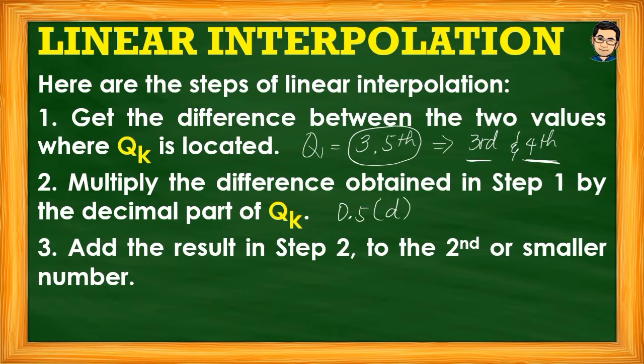Okay, so and then halimbawa dito sa step 2, M, halimbawa M. So nakuha natin M. I-add po natin 'yon doon sa third data. Okay, yung smaller number. So, alin na mas maliit, yung third o yung fourth data? Siyempre, since naka-arrange sila in ascending order, yung third data yung pinaka mas mababa. Okay, so kung ano man yung number ng third data na yon, i-add po natin dun sa nakuha natin sa step 2.